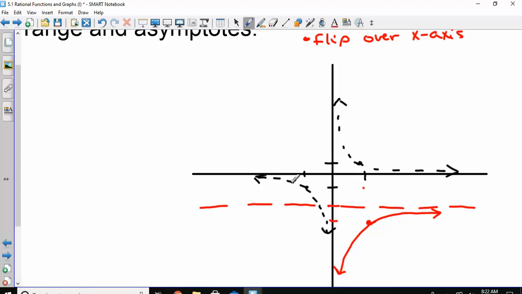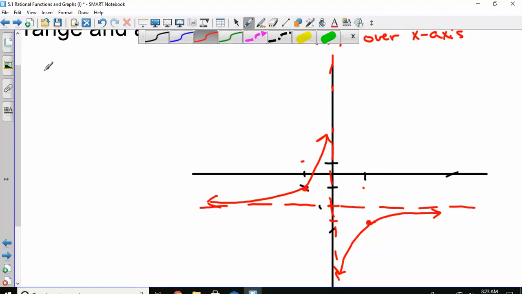This side, if you flipped it over the x, it would be up here. And then if you move it down 2, looks like this. And you could certainly use a graphing calculator to check yourself or plug in a few points. Since we just moved up and down, it didn't move the vertical asymptote, so that's still right here. If all these extra marks confuse you, feel free to erase that black one so you can see your final curve better, that's fine.